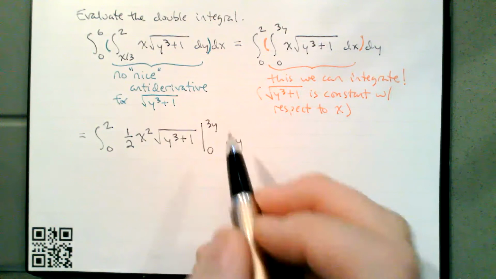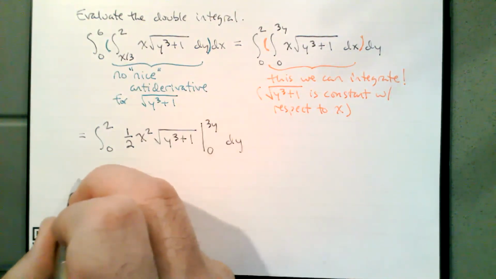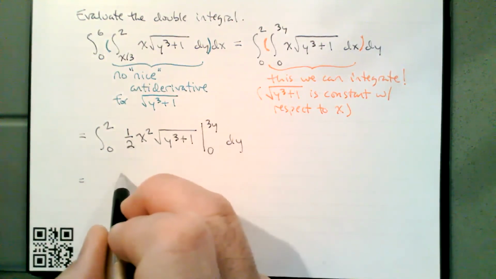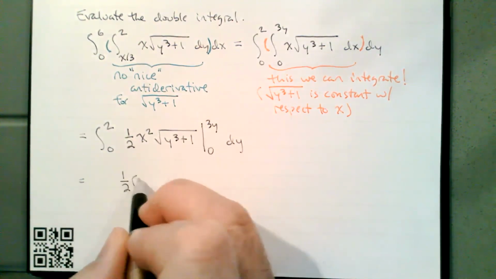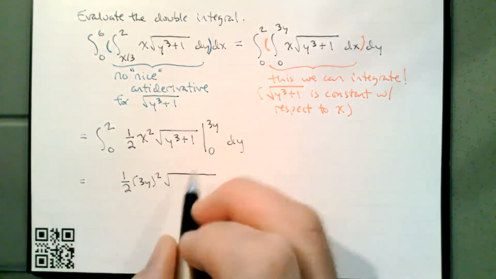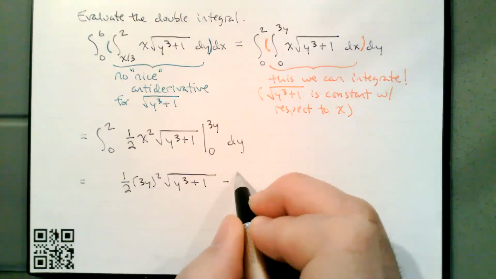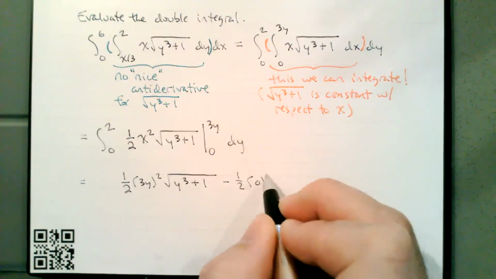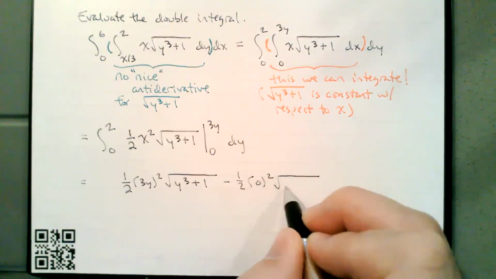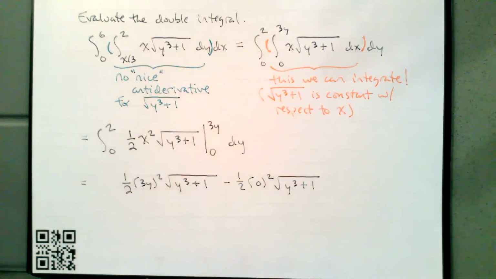All right, so now let's plug in the 3y and plug in the 0 and evaluate. So we have a 1/2 3y squared times the square root of y cubed plus 1, minus 1/2 0 squared times the square root of y cubed plus 1. This is all still inside the integral dy.